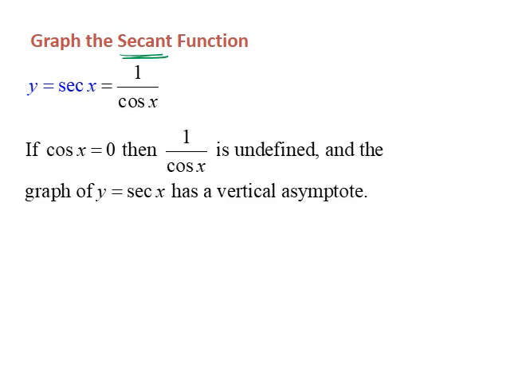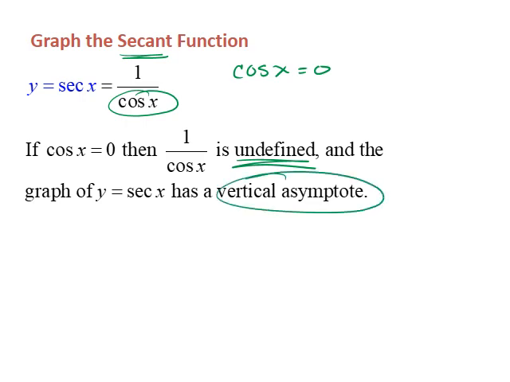The graph of secant is basically the opposite. We know that cosine is the reciprocal of secant. So whenever cosine of x is equal to 0, secant of x will be undefined, and there will be a vertical asymptote there.